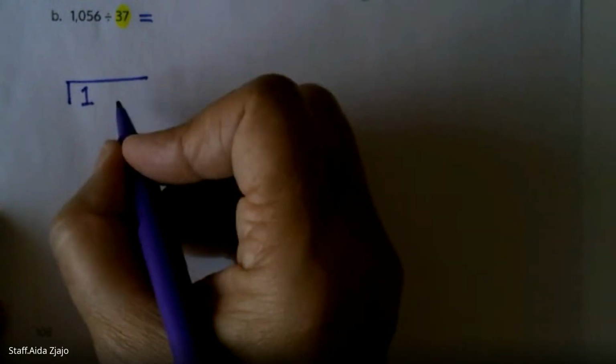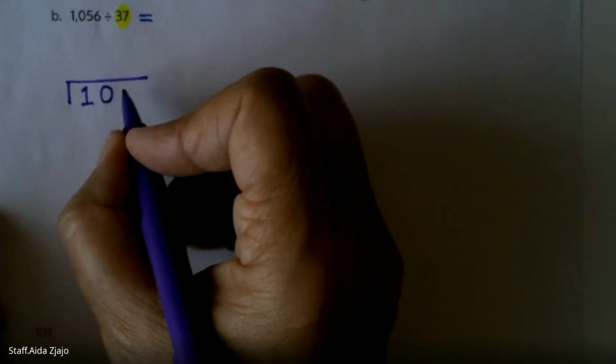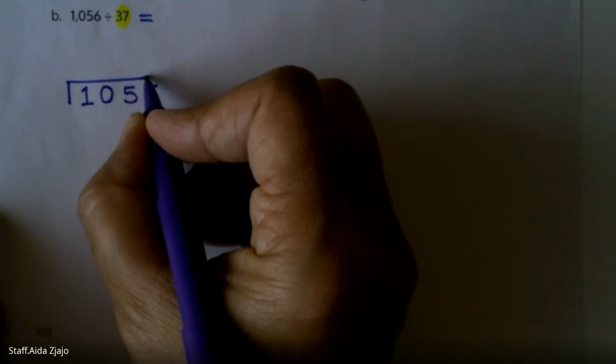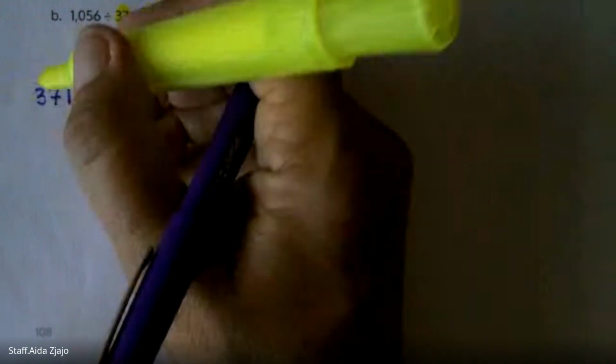Remember, no commas, sorry, no commas. 1056 divided into groups of 37. I'll make it a little bit bigger, and that's it.